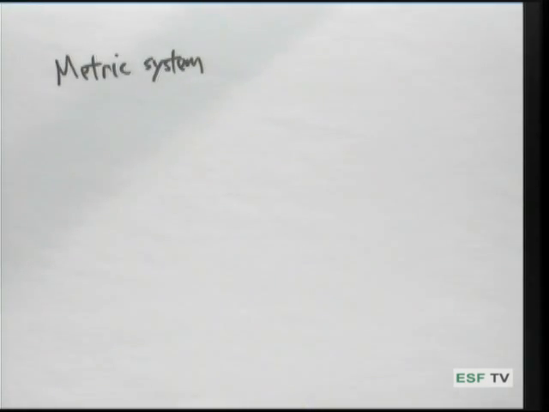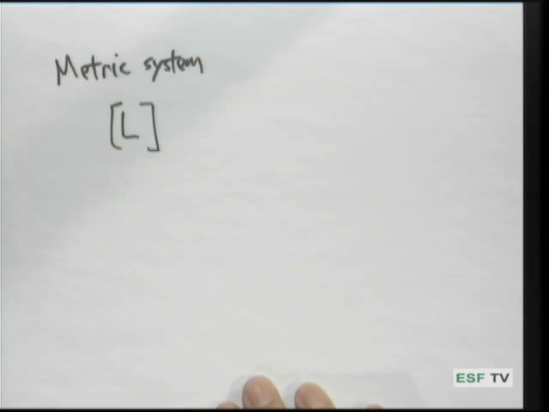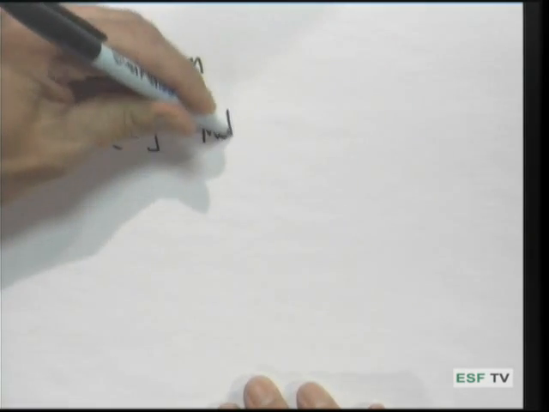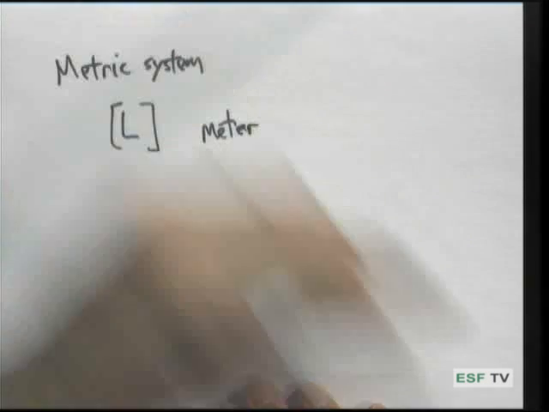And the metric system takes these fundamental quantities of nature, in particular the three mechanical dimensions of length, mass, and time, and quantifies them in units that are multiples of 10 of one another. So, for example, if you take the simple dimension of length, the standard measure of length in the metric system is the meter.